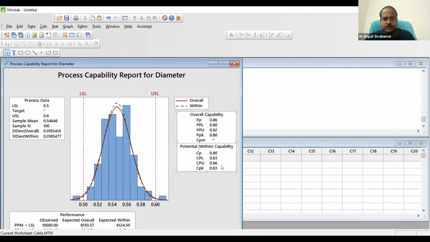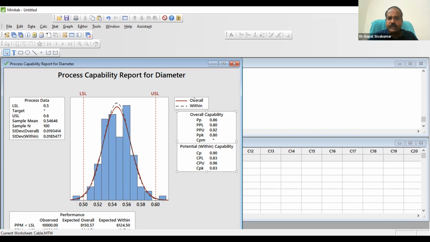If they are more or less close, center has not shifted much. Please understand. But there is some shift. Process is expected to be at the center, but your process has slightly shifted.